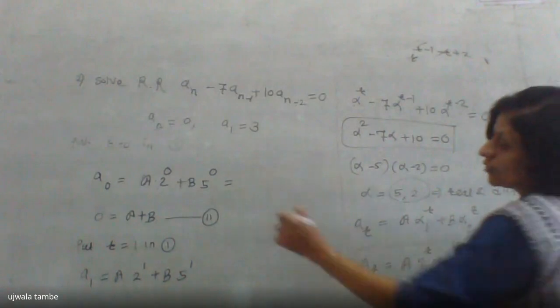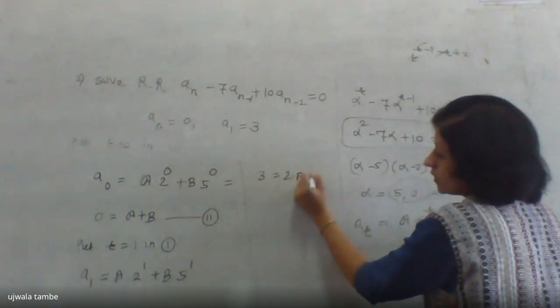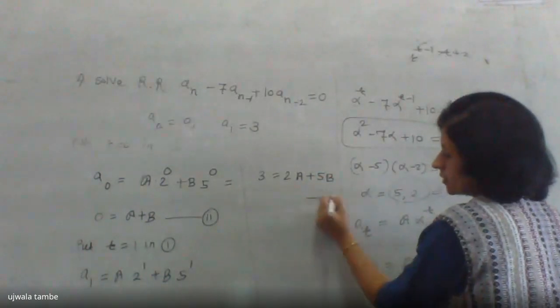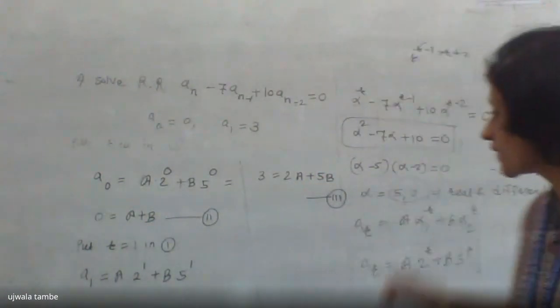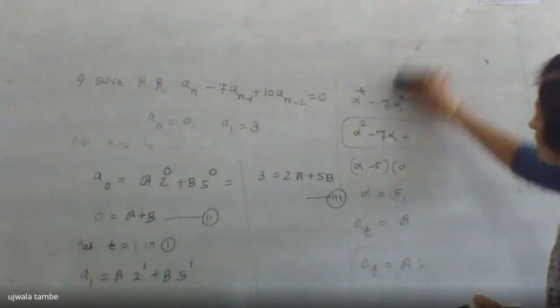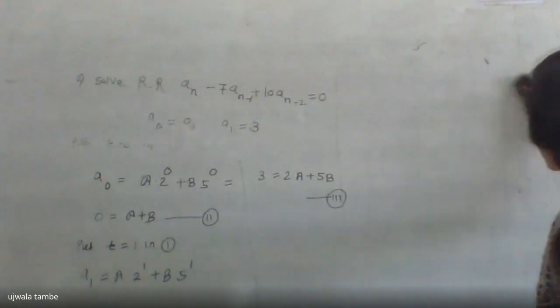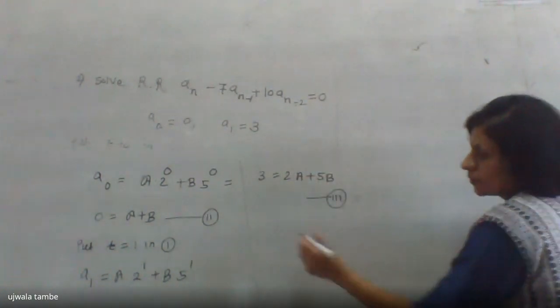But the value of a_1 is 3. So 3 is equal to 2A plus 5B. Call this equation 3. Solving equations 2 and 3 simultaneously, multiplying equation 2 by 2.